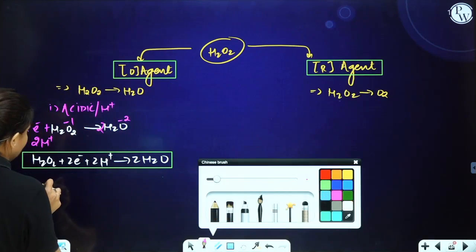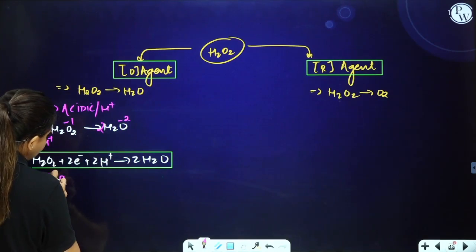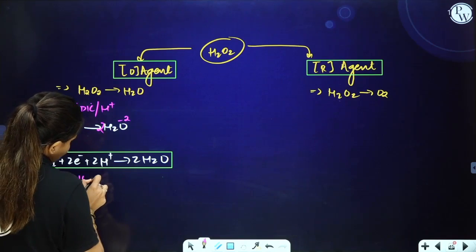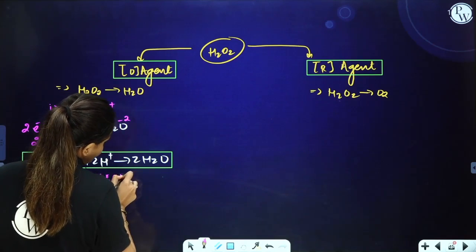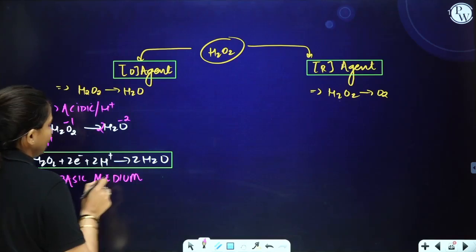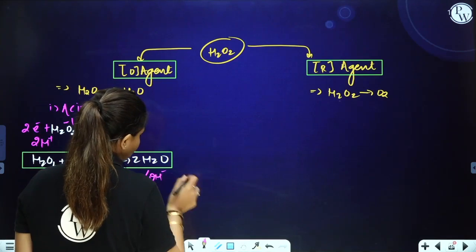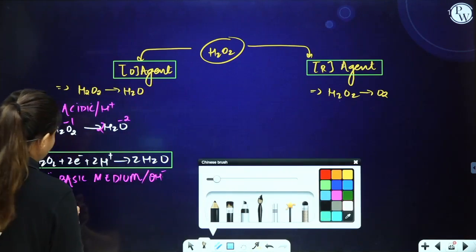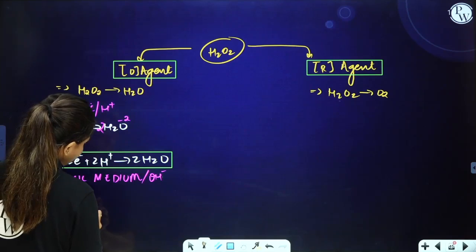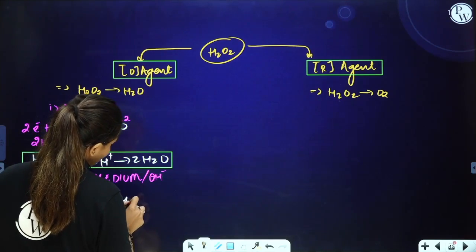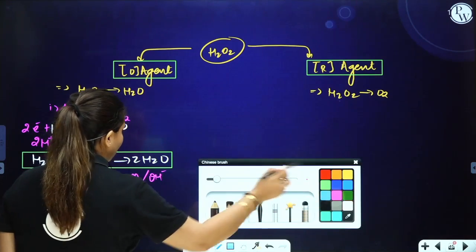Similarly, we have the same reaction in the basic medium, or you can simply write the alkaline medium, in the presence of the OH negative ion. So start balancing the reaction. We have H2O2 over here, which is giving us H2O. So what you have to do?